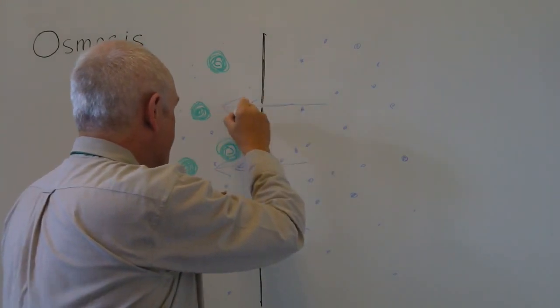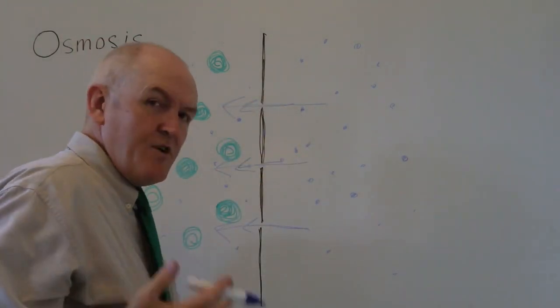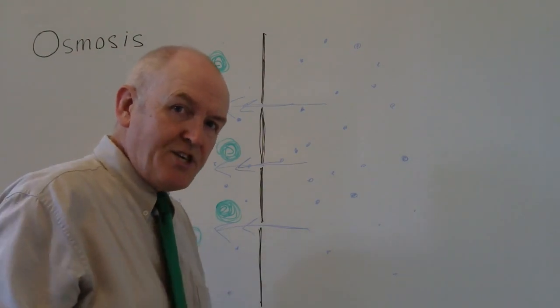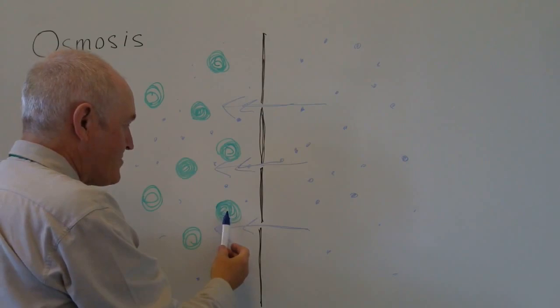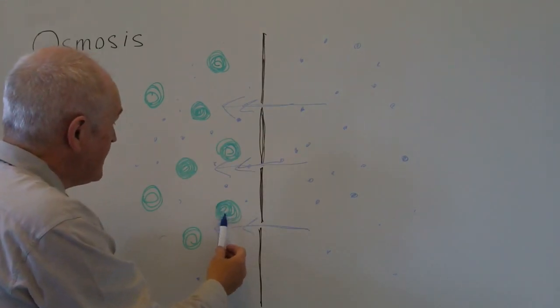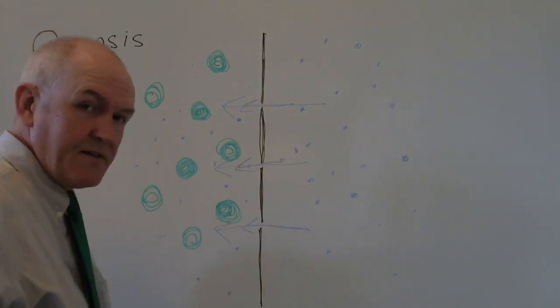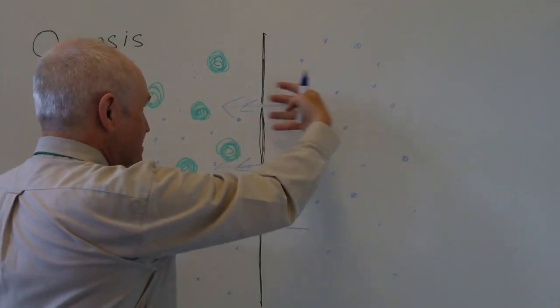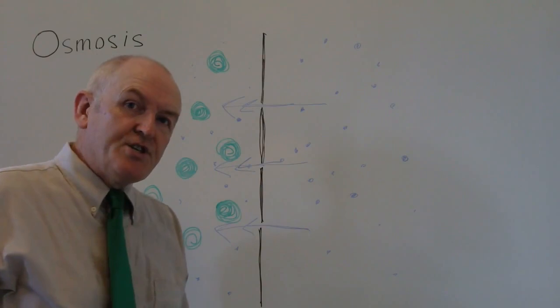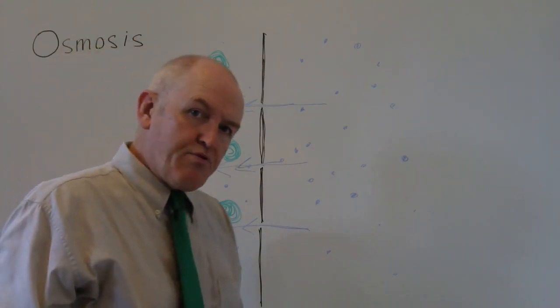There is a movement, and that movement will occur with a particular pressure. That pressure will be determined by the amount of these solute molecules on this side of the membrane. And this movement of water will amount to a pressure, and that pressure is called osmotic pressure.